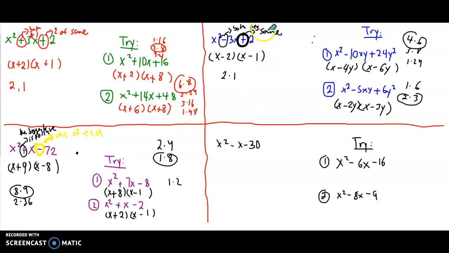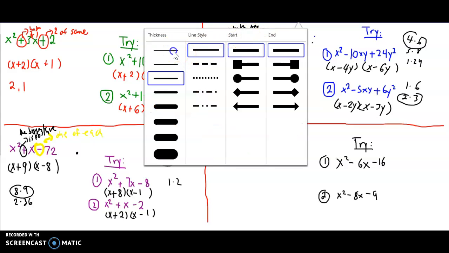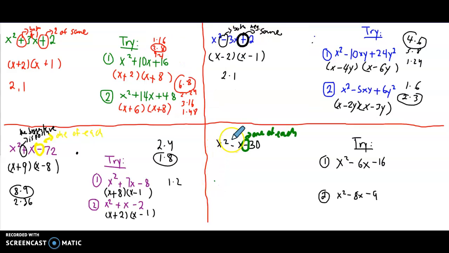Finally, let's go to this category. I'm just going to grab another marker. That is telling you again one of each. But now the biggest is your negative. Negative, biggest. So set up your parentheses. Put one of each. It doesn't matter which one you put first.